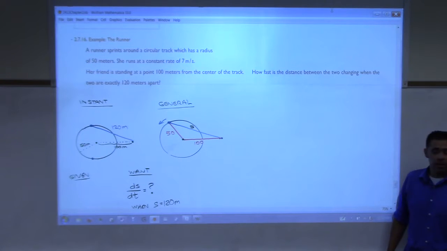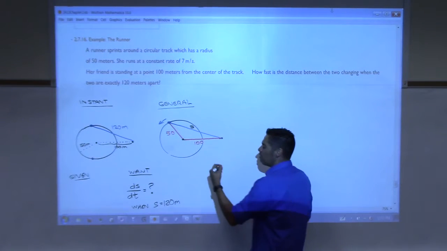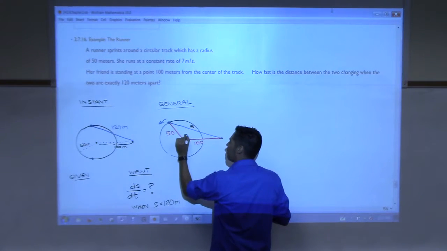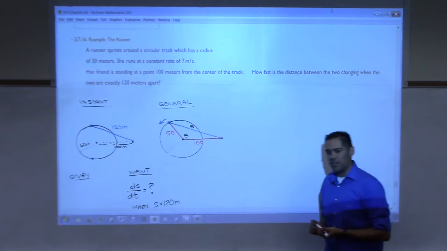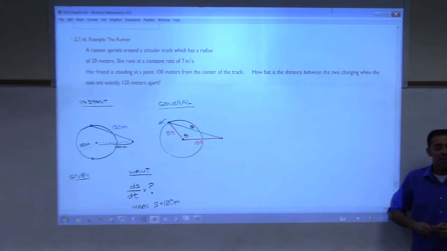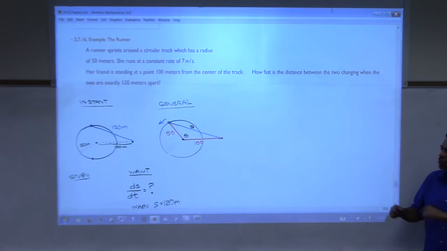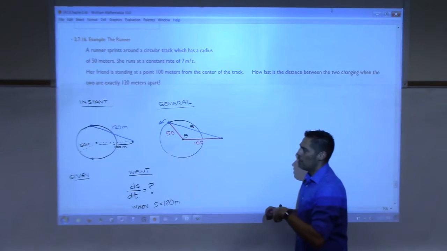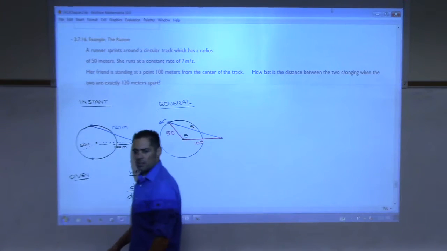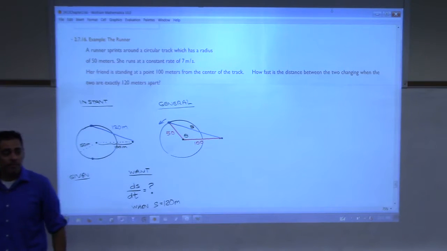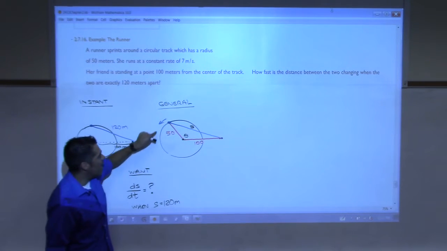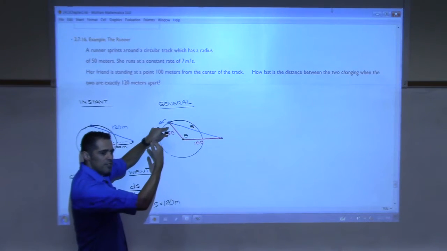The angle, very good. How about this angle right here? Let's just call that angle theta. Is that changing? Yes. Is the change in that angle related to the speed of the runner? If she's running around this track, her angle is changing, isn't it?